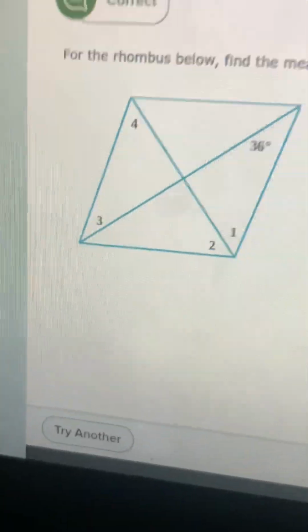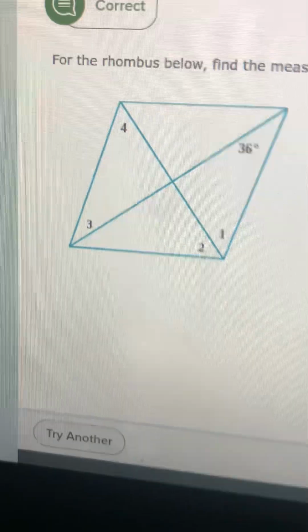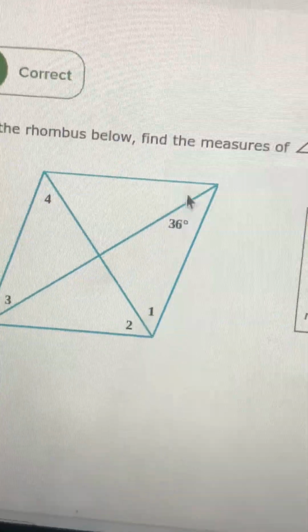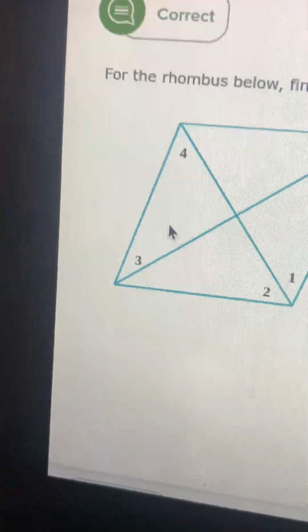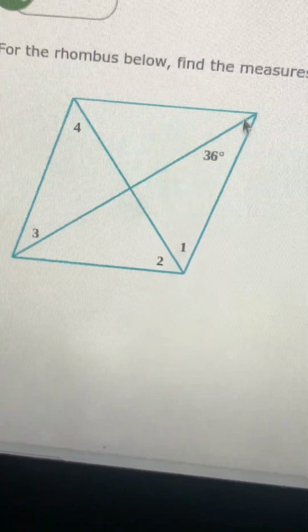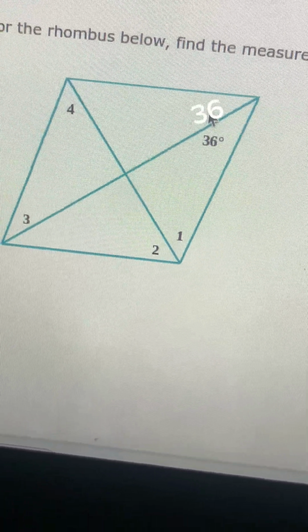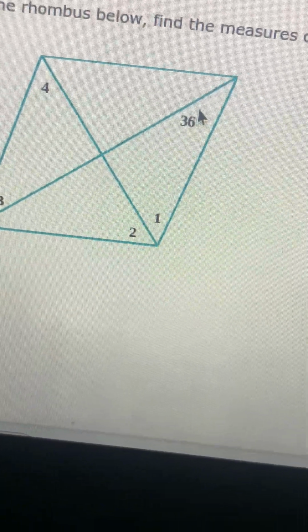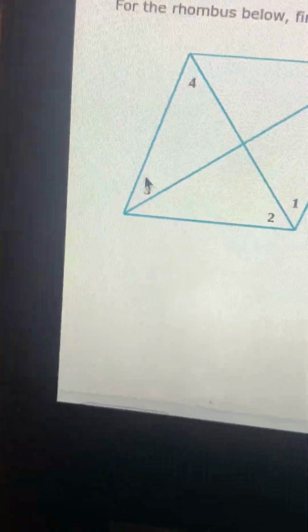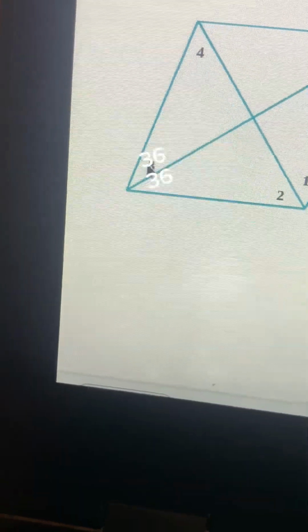These ones are interesting. So the number you get right here, this side or this side or this side, will be the number still here. So if I got 36 on this side and they want me to find this side, it will be 36.